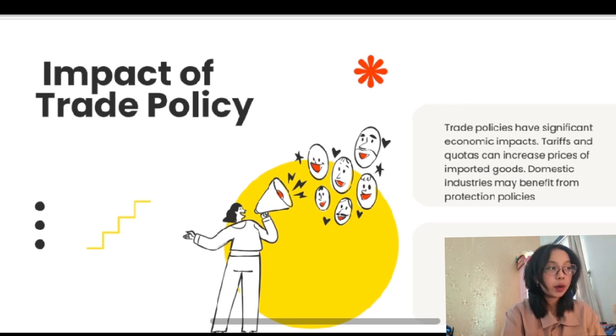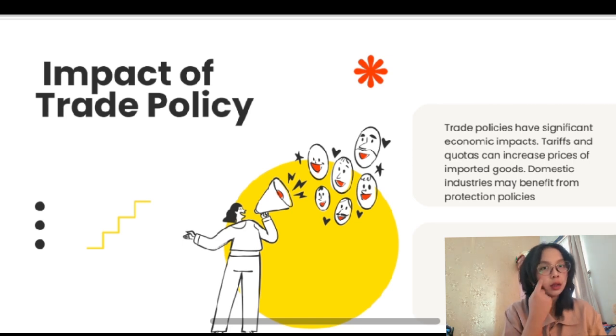Diversifying trade partners and reducing the dependence on certain countries, improving infrastructure and enhancing transportation and logistic efficiency, encouraging innovation, increasing productivity and product quality. Government should also maintain transparent and consistent policies to build investor confidence. These strategies help countries compete effectively in the global market.